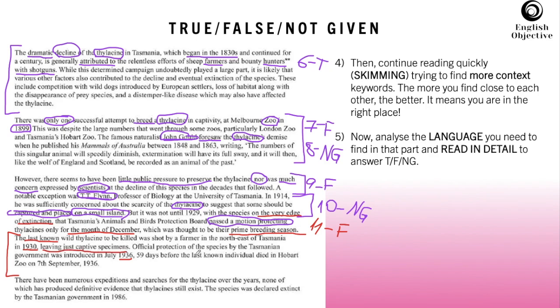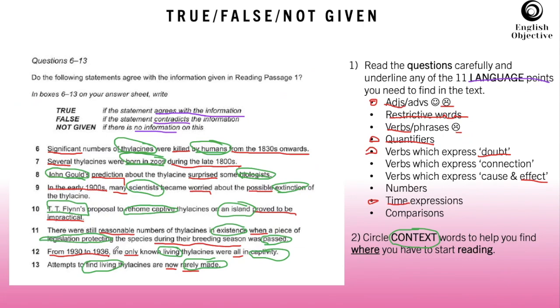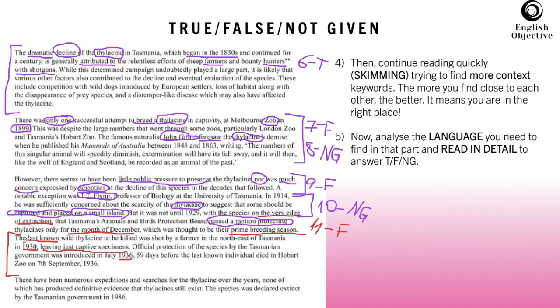So let's have a look at my language points again so that I can make connections. So from 1930 to 1936, leaving just. This is the only, so it's a restrictive word, captive specimens.